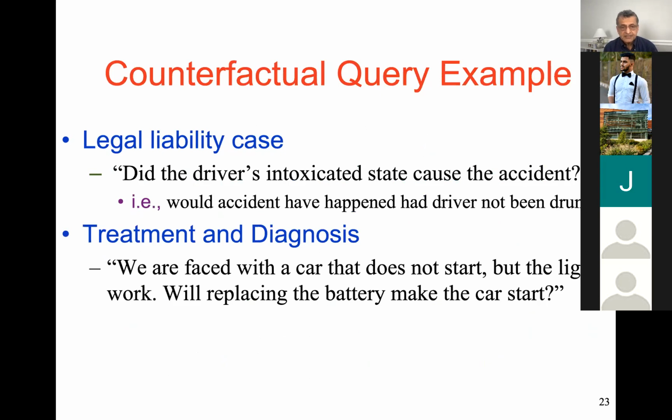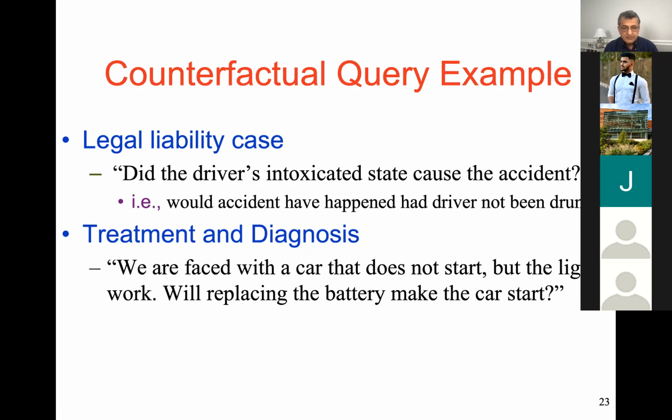Legal liability case. Did the driver's intoxicated state cause the accident? This is a kind of legal liability case they talk about in court. The question really means, would the accident have happened had the driver not been drunk? So that is a counterfactual, saying the driver was drunk. Would it have happened had the driver not been drunk?